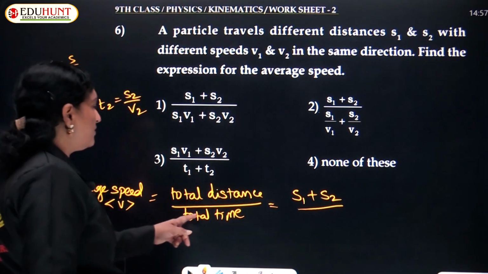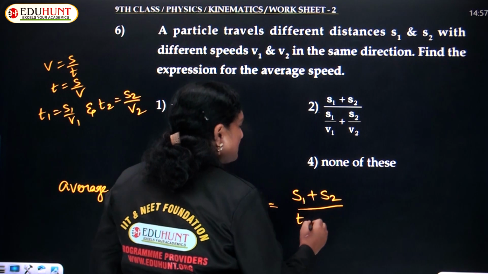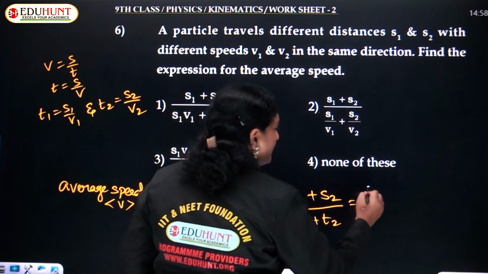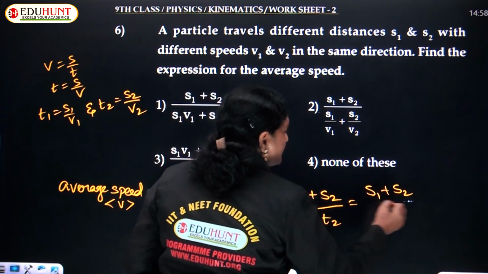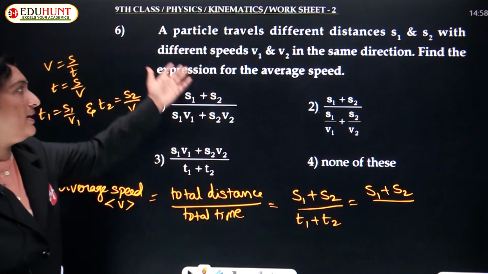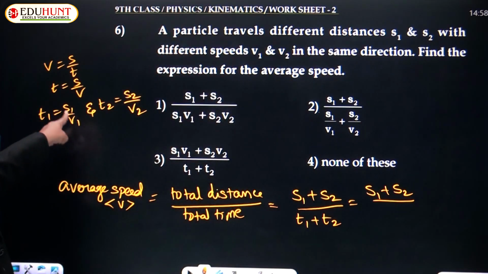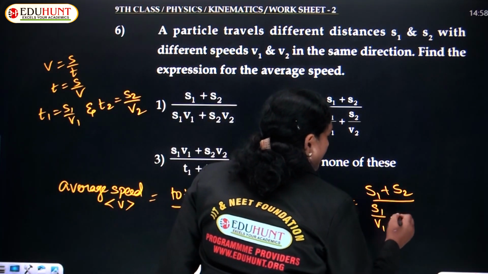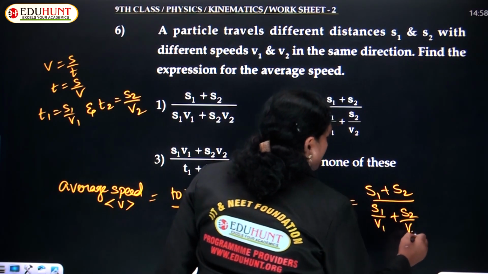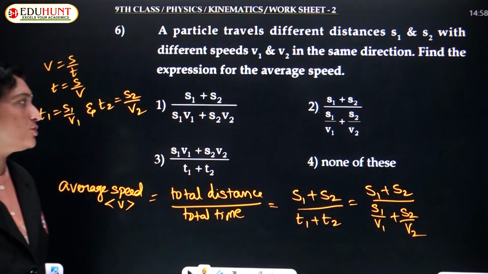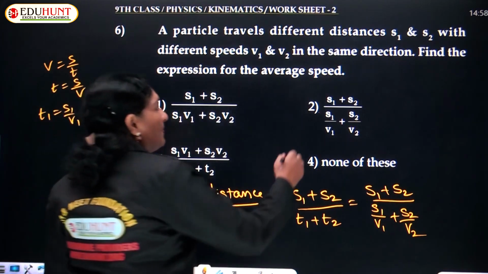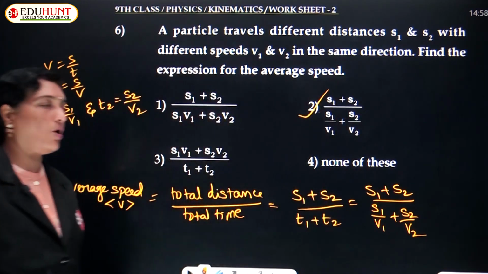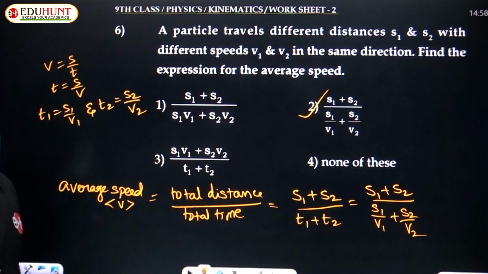So instead of time, it must be T1 plus T2, and this is equal to S1 plus S2 upon... Here nowhere is time mentioned, but we can replace time in terms of distance and speed as S by V. So T1 as S1 by V1 and T2 as S2 by V2. So S1 plus S2 upon S1 by V1 plus S2 by V2. So option 2 must be true.